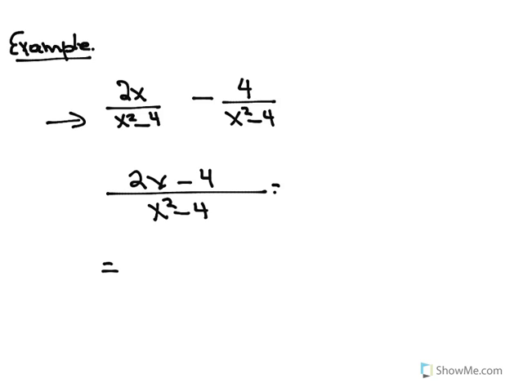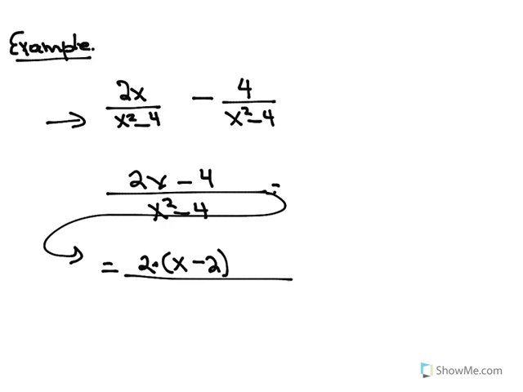Now I want you to look at the numerator here. I can factor the 2, and I get 2 times x minus 2. And then the denominator is a difference of perfect squares, which can be factored as x minus 2, x plus 2, right?